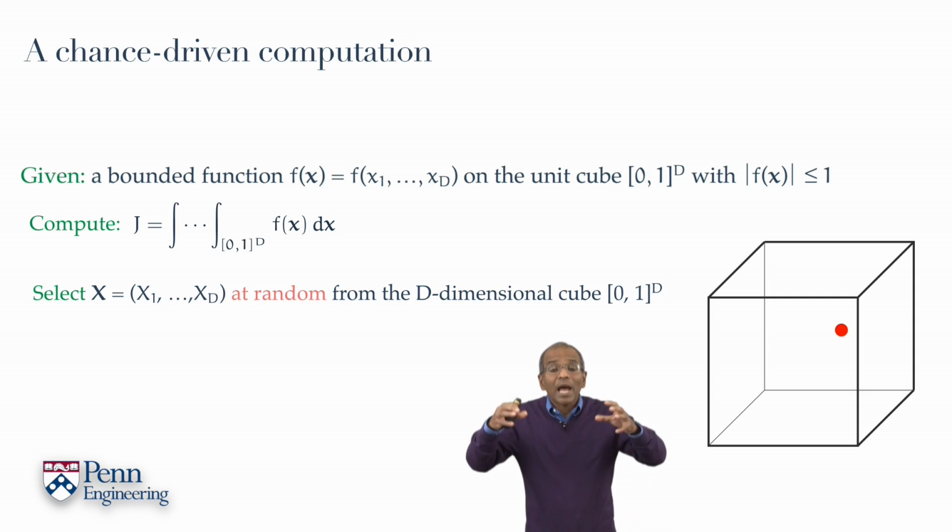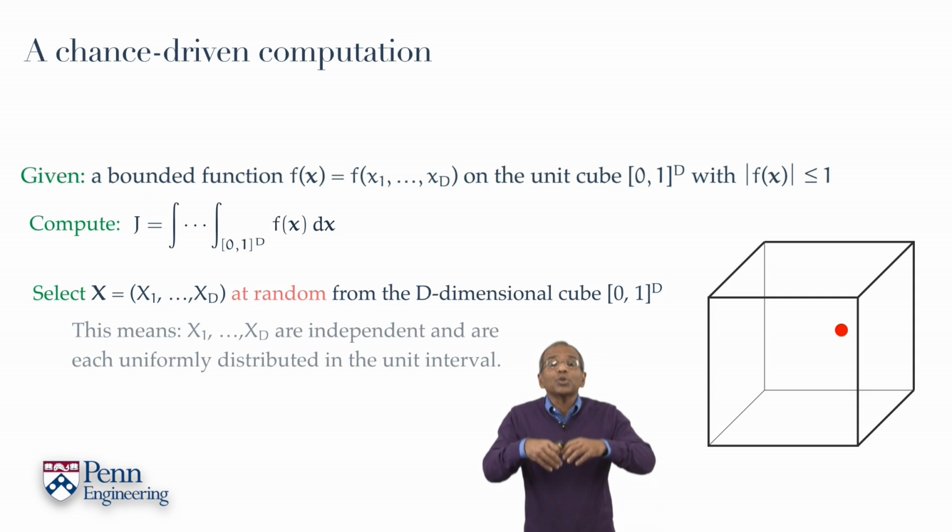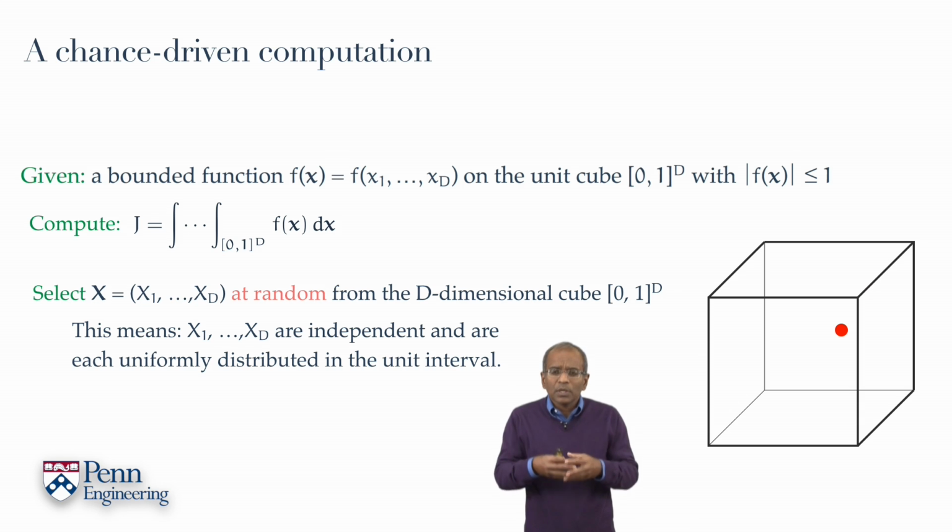In other words, we have random sampling according to a uniform distribution. What does this mean? It means that each individual variable, x1, x2, through xd, is selected by independent sampling. They constitute repeated independent trials from a common uniform density on the unit interval.